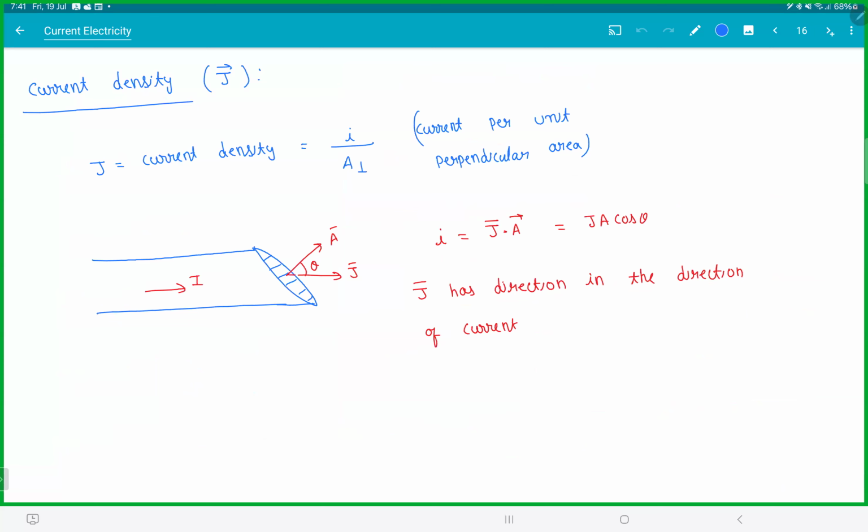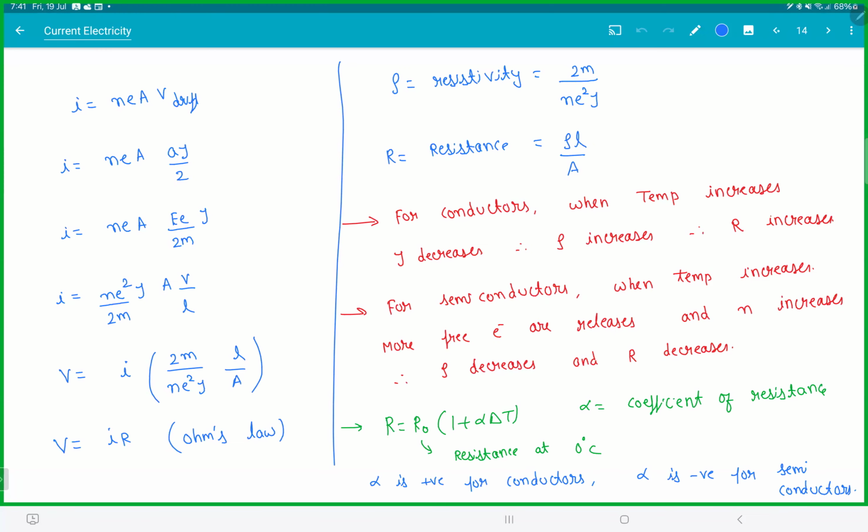Clear with current density? Now, if you talk a little about rho resistivity, I won't expect you to remember this, but at least you should have an idea about this.